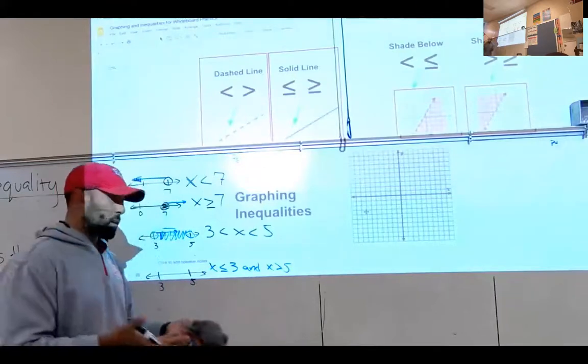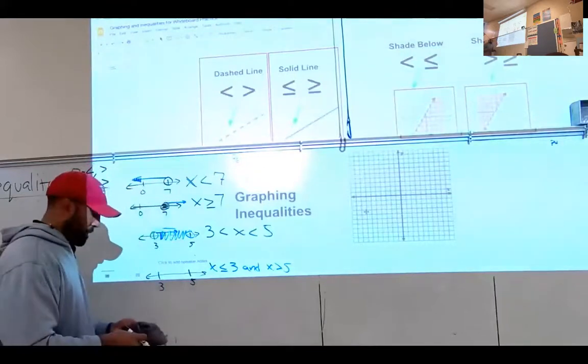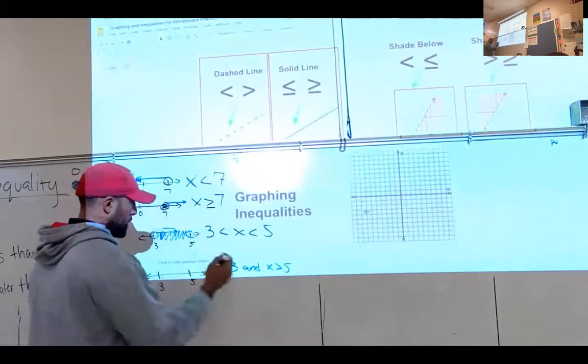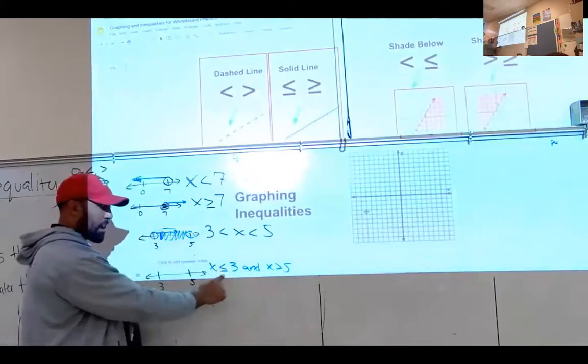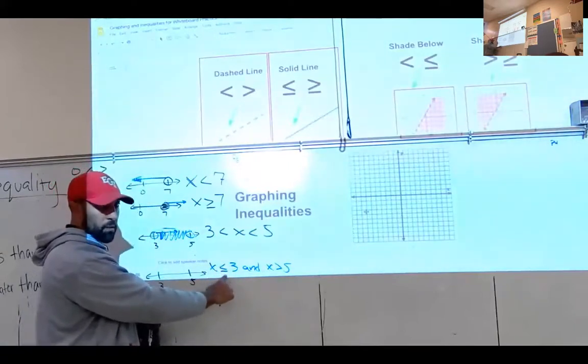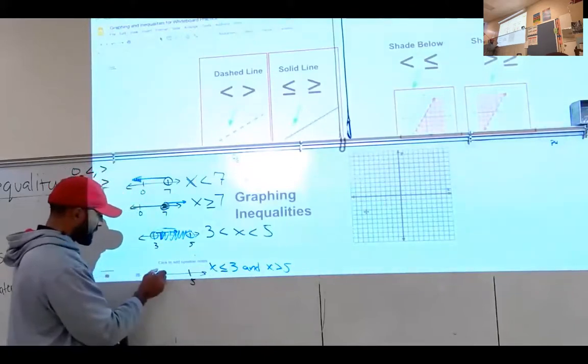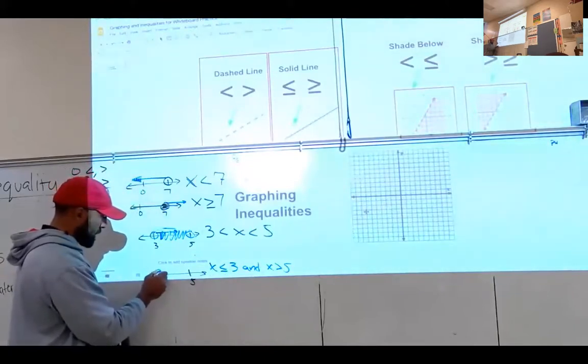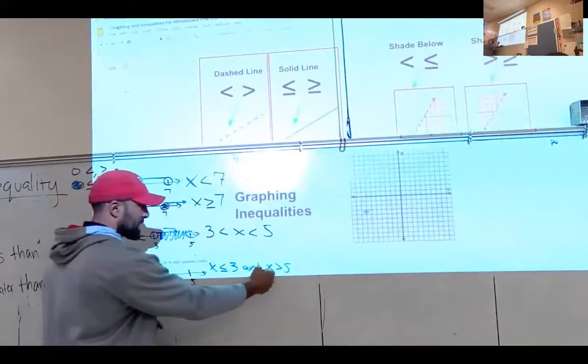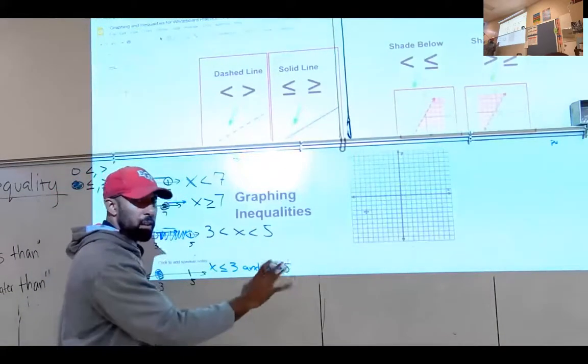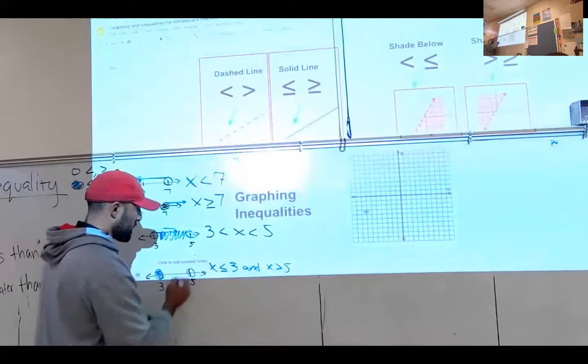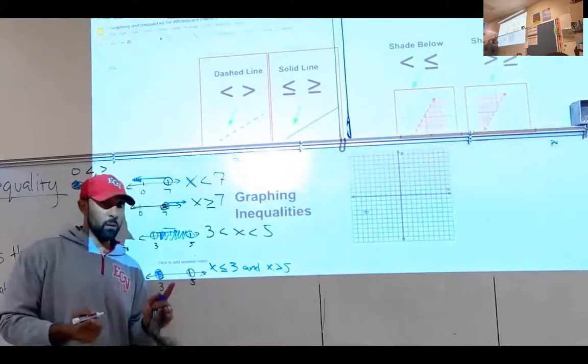They define the limit of what my answer can be. And at 3, it's x is less than or equal, right? So that means that here I'll have a closed dot, where it says here x is just greater than, not or equal. So here I'll have an open dot. So they can be different.